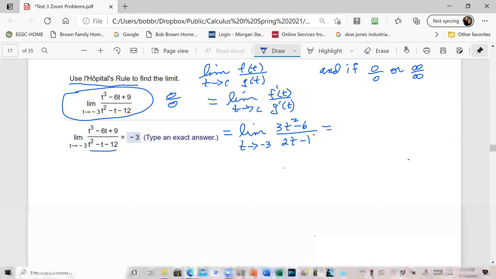Plugging in, we get 21 divided by minus 7 equal minus 3. So the limit is minus 3.